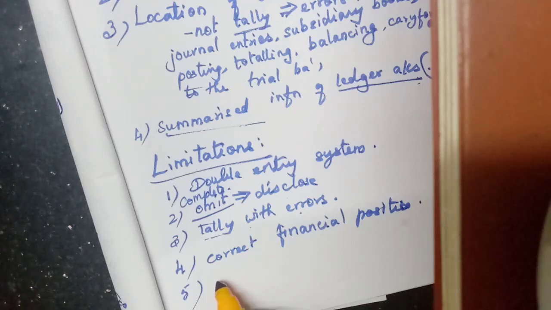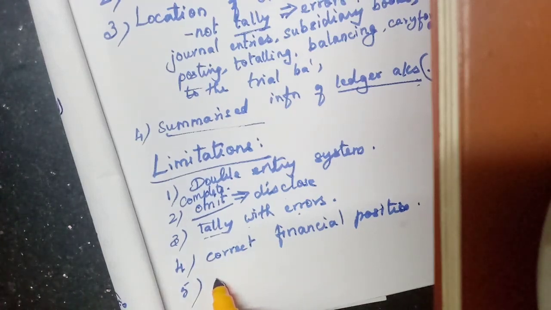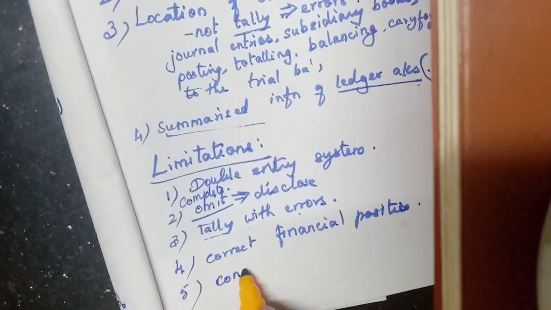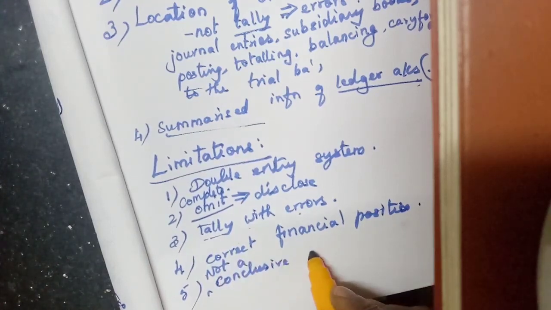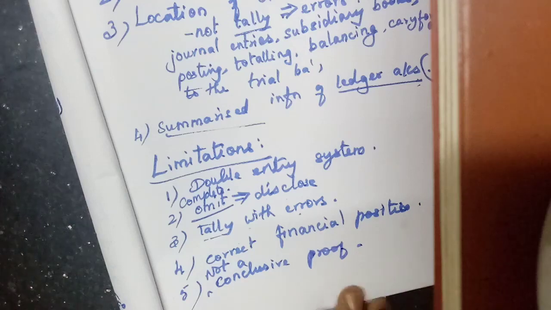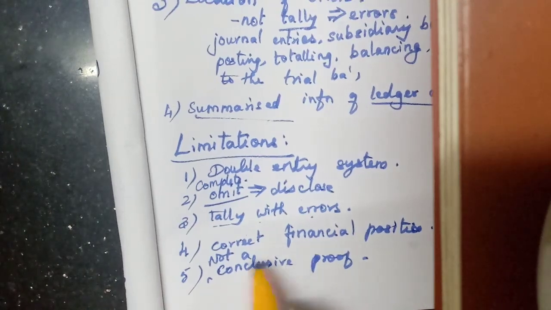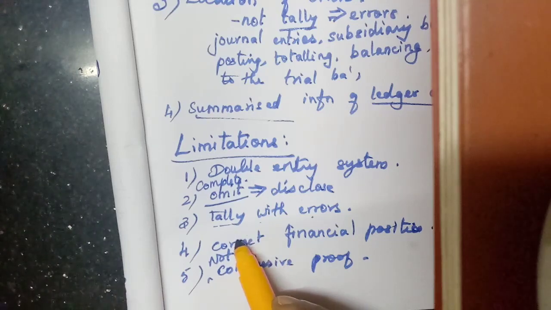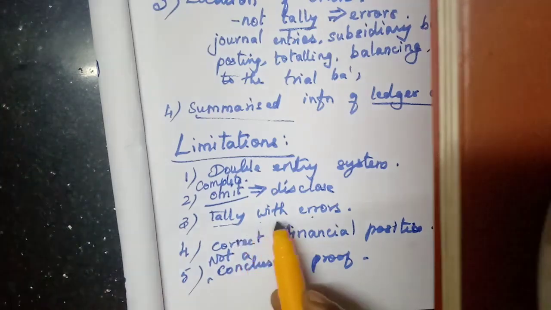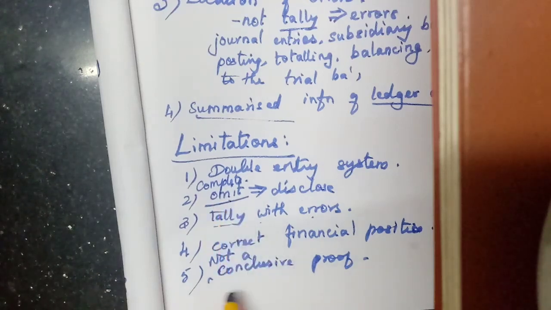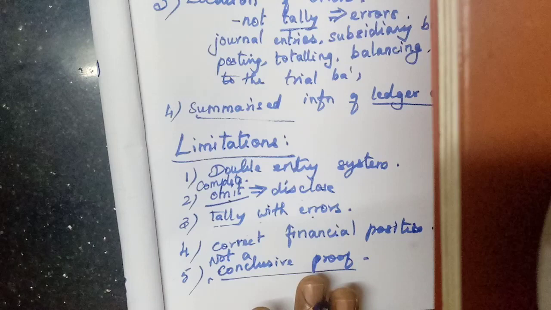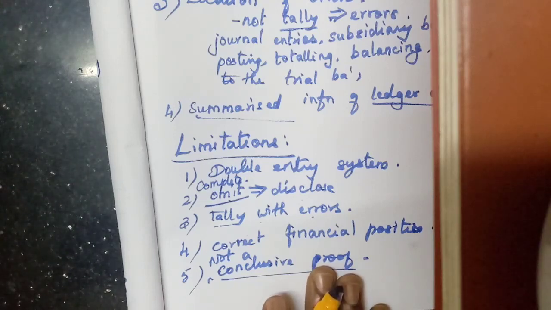So we cannot treat this as conclusive proof. It is not a conclusive proof of the arithmetical accuracy of entries made in the books of accounts. Why? Even with errors it will tally. When there is a complete omission, we cannot say the trial balance is conclusive proof of arithmetical accuracy.